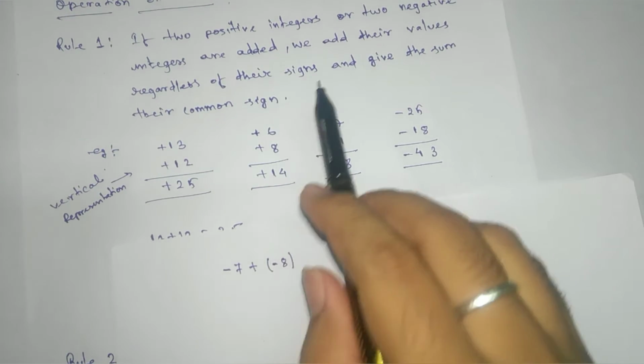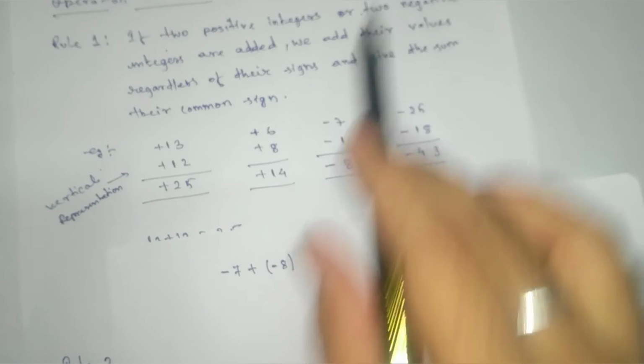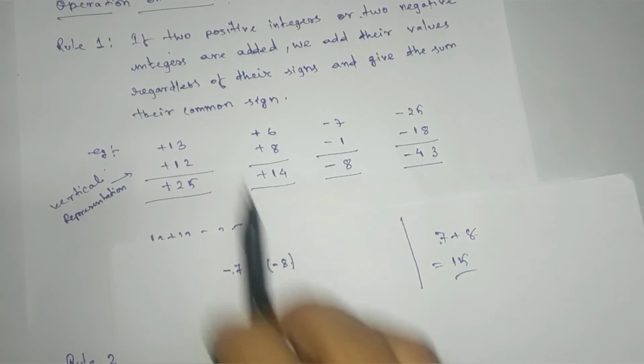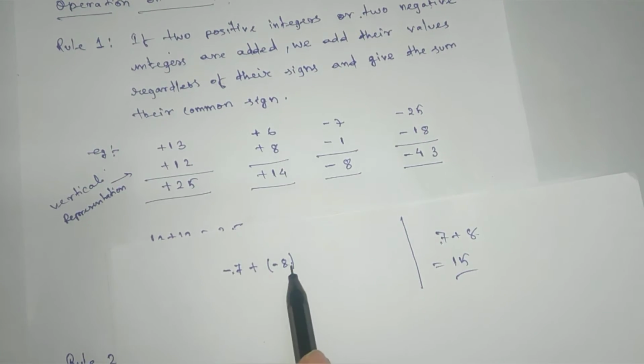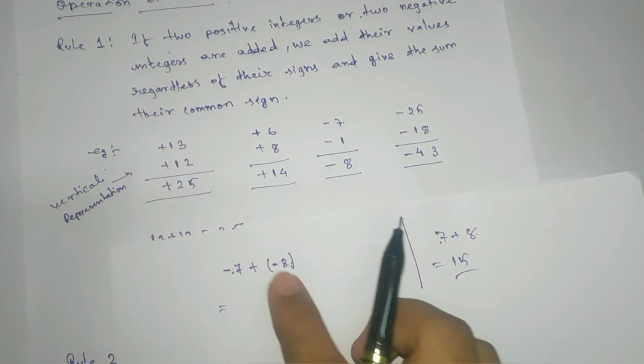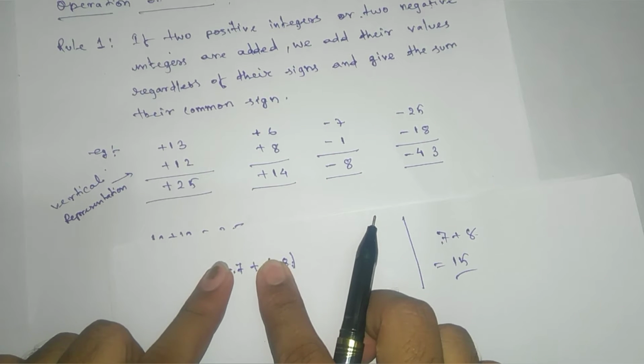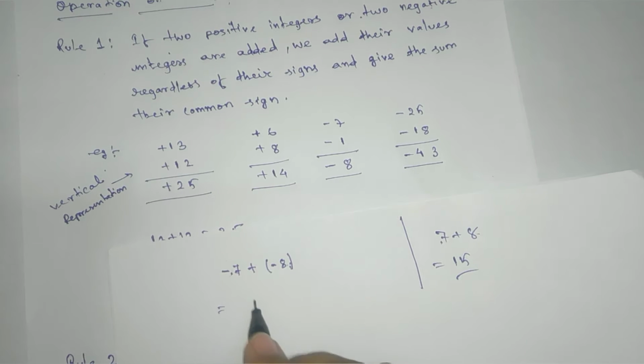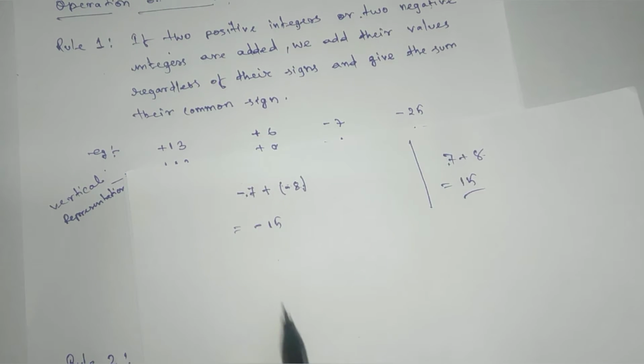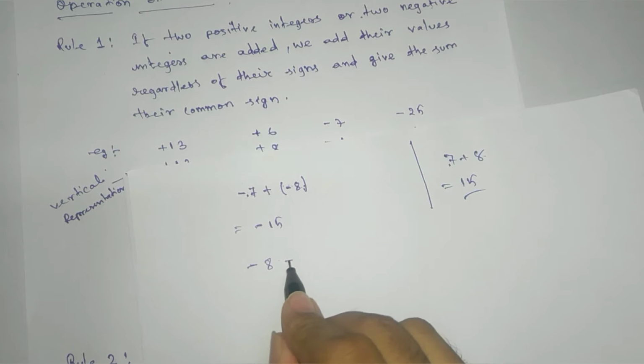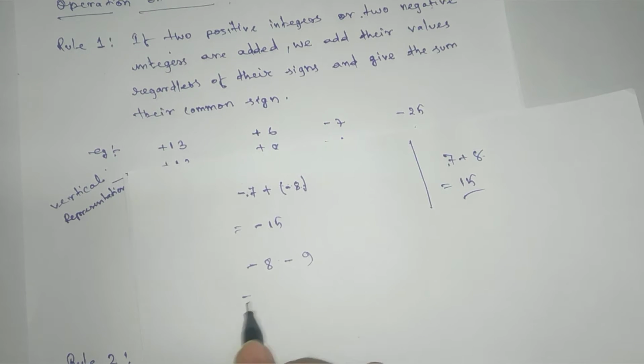But right now they are telling us that if both are negative integers and we add them, just forget about the sign and add 7 plus 8, that is 15. After that, see which symbol they are carrying, that is the minus sign, so you need to put minus here. Now if one is minus 8 and another is minus 9, what will be the answer?